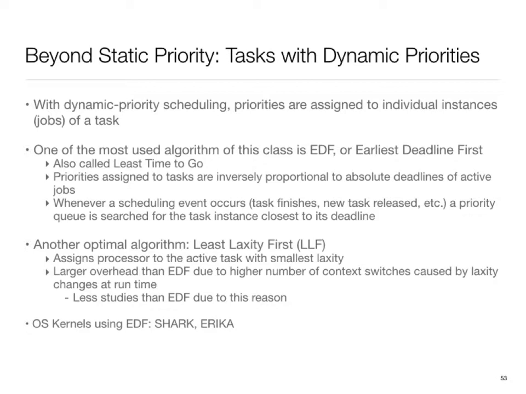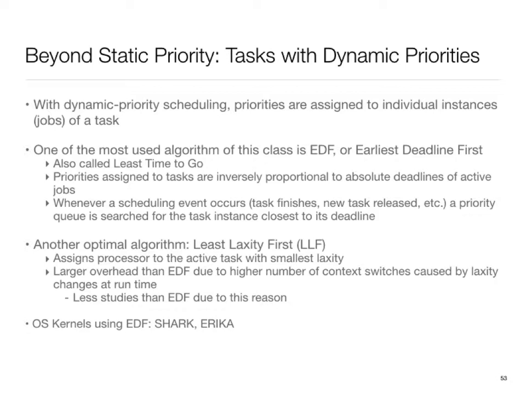One is called earliest deadline first, and the idea is the following. Remember, thus far we saw rate monotonic or deadline monotonic, but they really focused on the relative deadline. They basically said that whosoever has a smaller relative deadline gets the higher priority, and that we can know a priori, right? The moment a task is declared, we know its relative deadline.